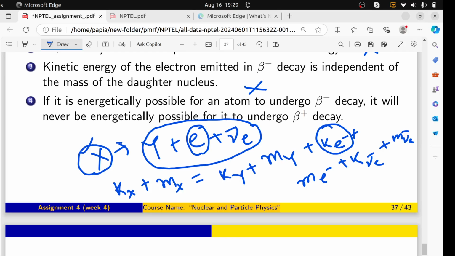If it is energetically possible for an atom to undergo beta minus decay, it will never be energetically possible for it to undergo beta plus decay. This is the fourth statement.